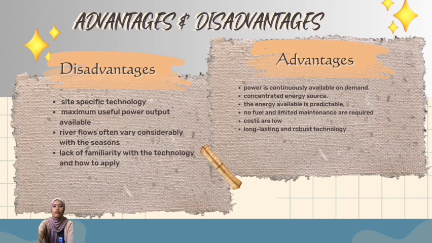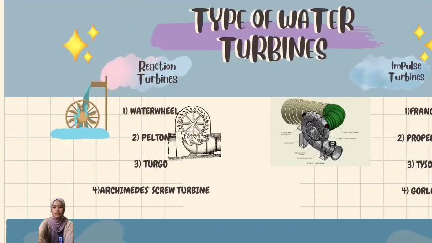River flow often varies considerably with the seasons, especially where there are monsoon-type climates, and this can limit the power output to quite a small fraction of the possible peak output. Lack of familiarity with the technology and how to apply it inhibits the exploitation of hydro resources in some areas.